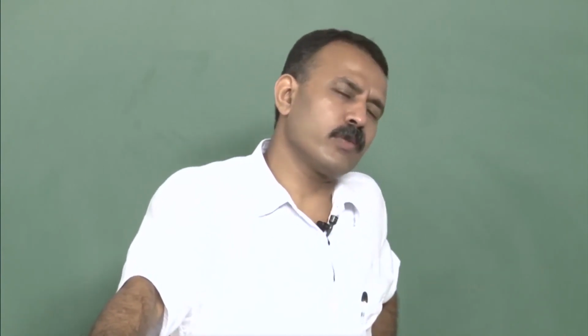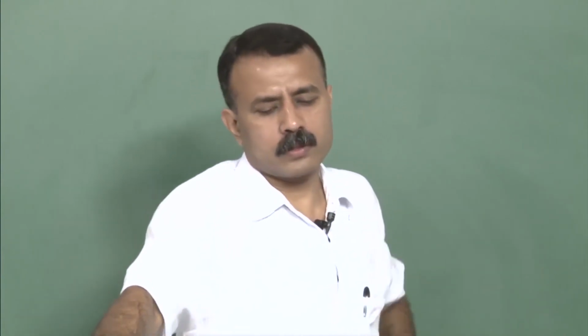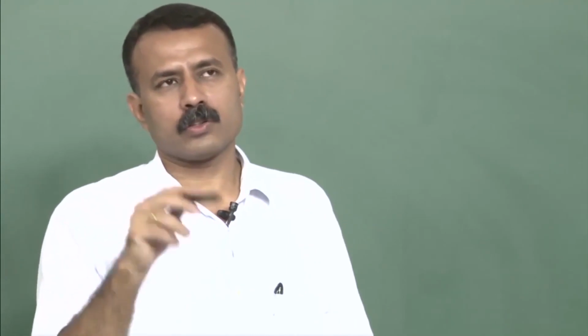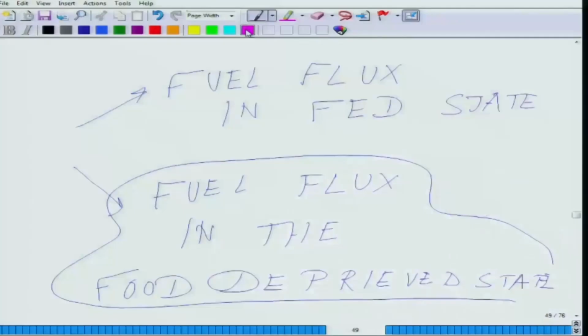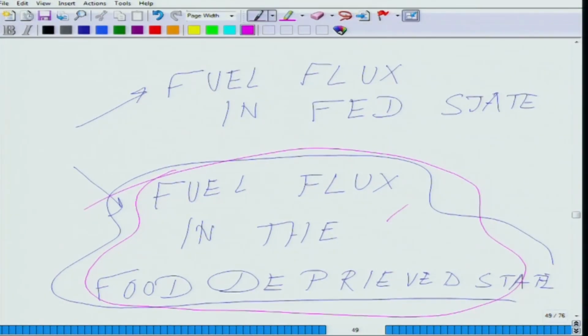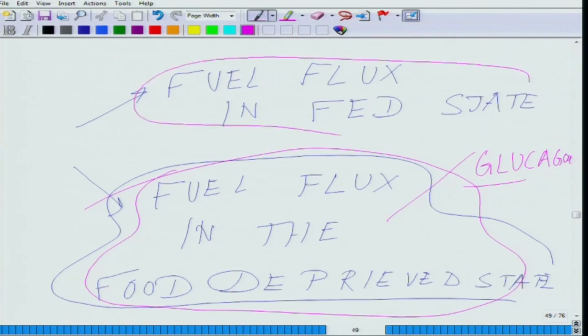And then the next situation, the fuel flux in the food deprived state, is the time when glycogen has to be broken down into small pieces. Okay. So, the fuel flux in the food deprived state is regulated by glucagon, and the fed state is regulated by insulin.